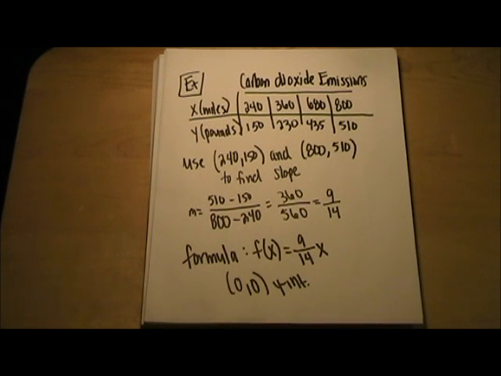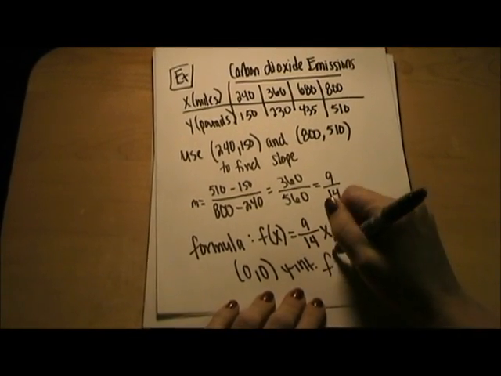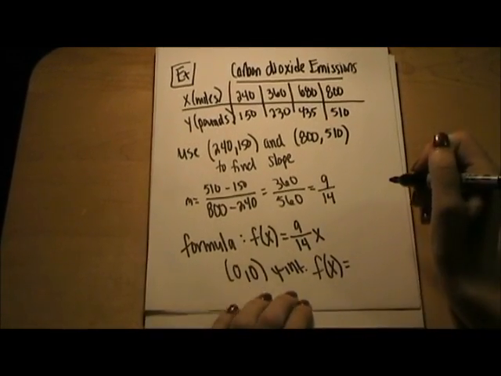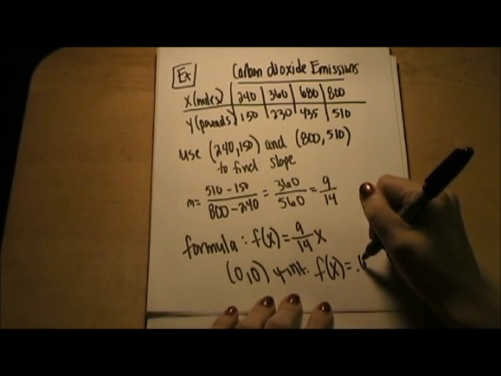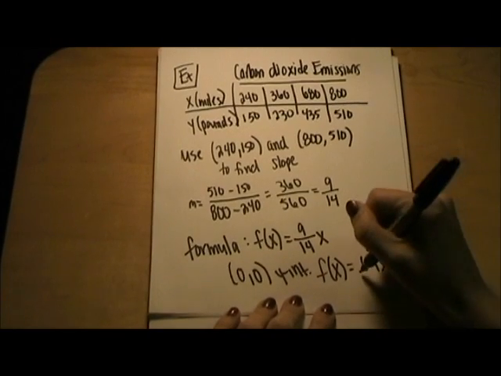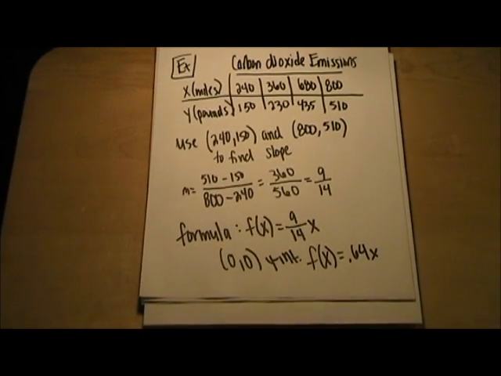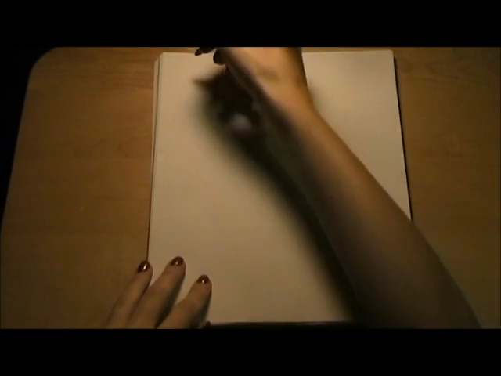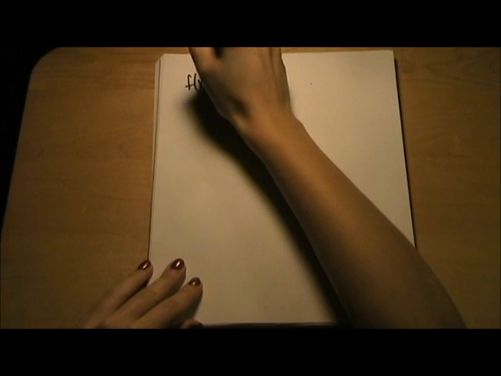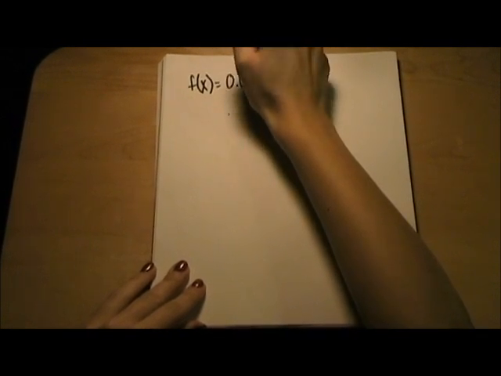Nine divided by 14 as a decimal, if we had f of x equals 0.64x, that would be acceptable as well for word problems. So again, f of x equals 0.64x.